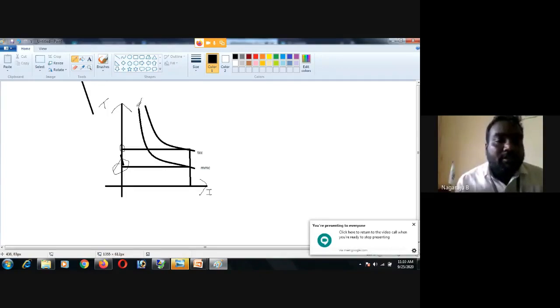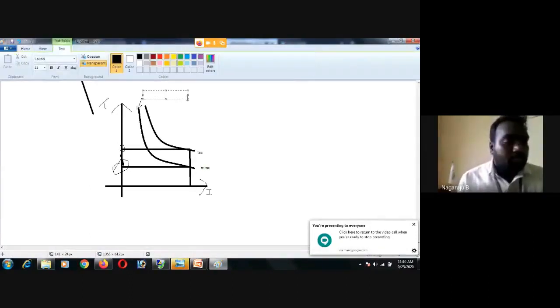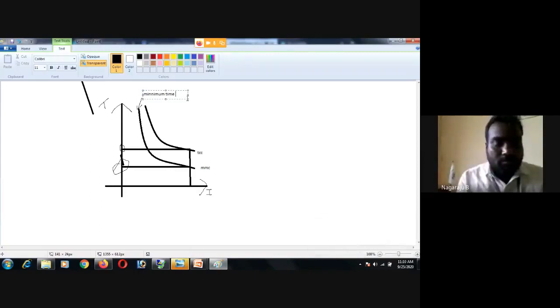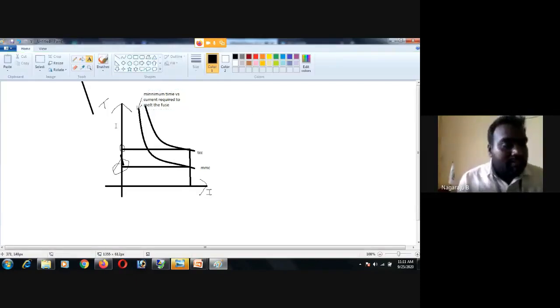And this curve you may draw between the minimum amount of current, minimum time versus current required to melt the fuse.